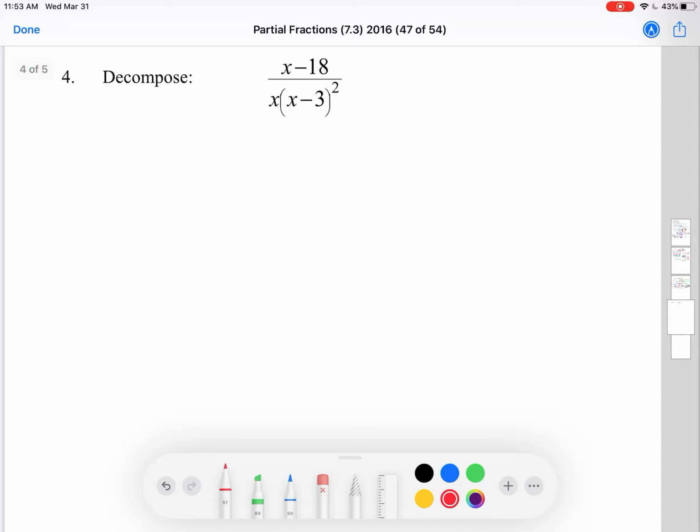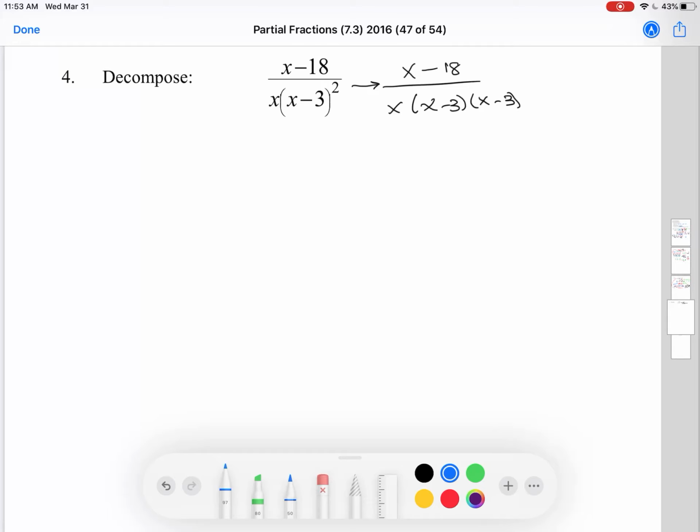What that means is currently in that denominator, if I were to rewrite this fraction and not have that squared any longer, it's going to have x, parentheses, x minus 3, and that x minus 3 is going to be twice. So looking at this equation, we are going to have x minus 3 written twice, which is going to give us not just 2 factors, but 3 this time.